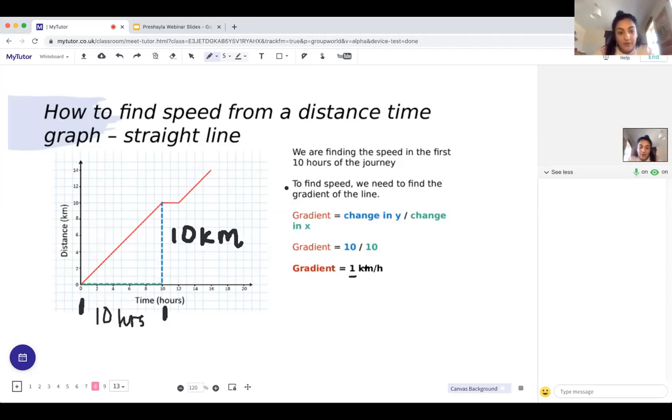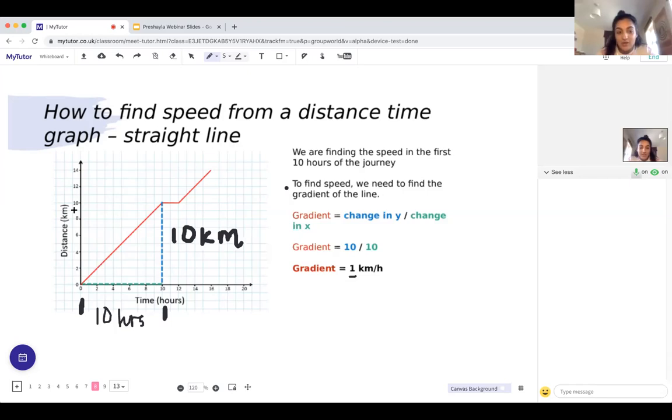Not forgetting to put our units in, which is, in this instance, kilometers and hours. So our units of speed this time are kilometers per hour. But remember, the axes could be lots of different units, for example, meters and seconds, miles and hours, kilometers and hours, or any combination of any of the two. So we do need to pay attention.